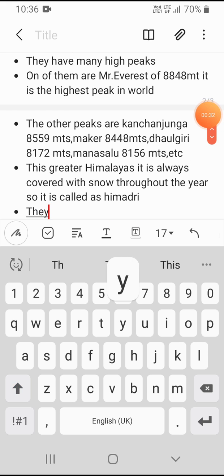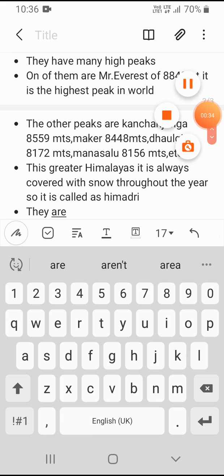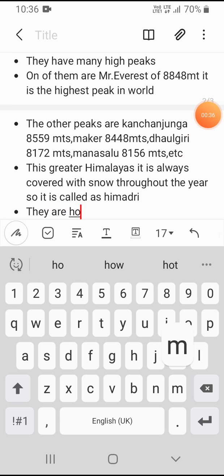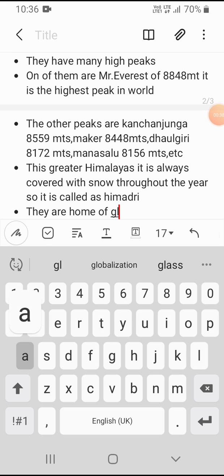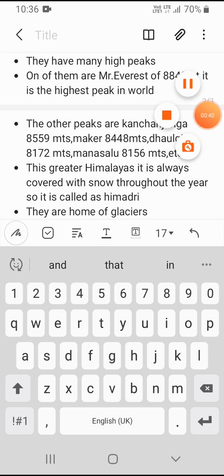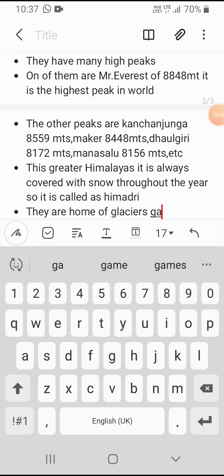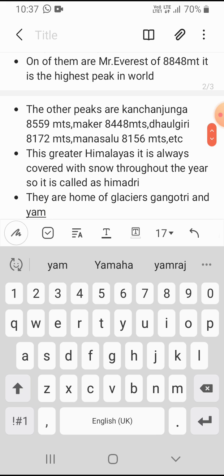They are the home of glaciers, the Gangotri and Yamunotri glaciers.